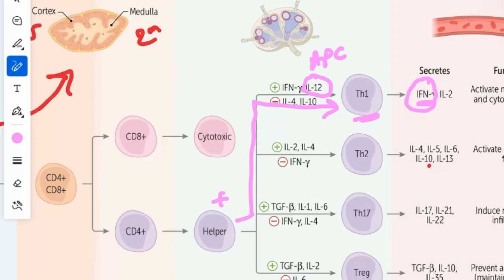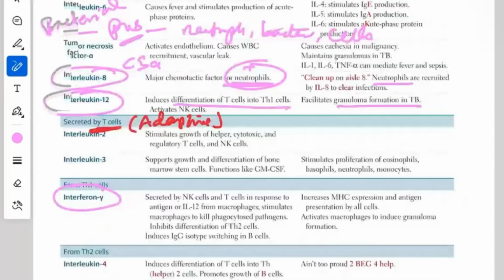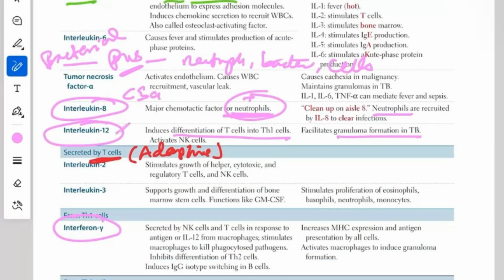Your macrophage is the most important source of interleukin 12. All right. And your CD4 helper T cell, when it becomes a Th1, is the most important source of interferon gamma. Very, very important for you to remember that. Part of the other things that interleukin 12 does is also stimulate the natural killer cell that you can see here.